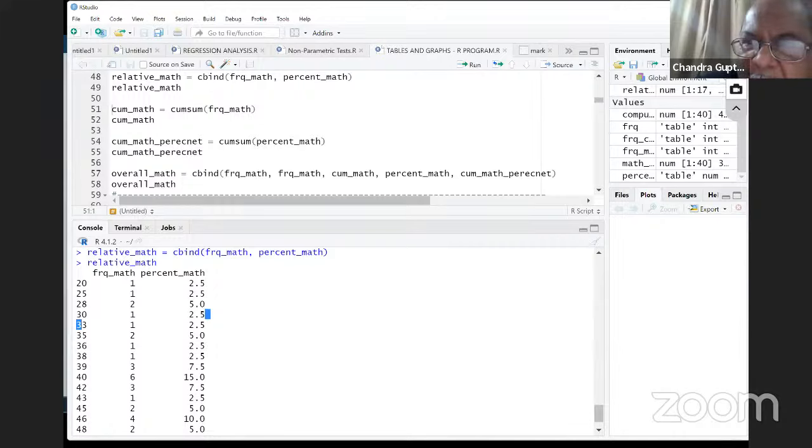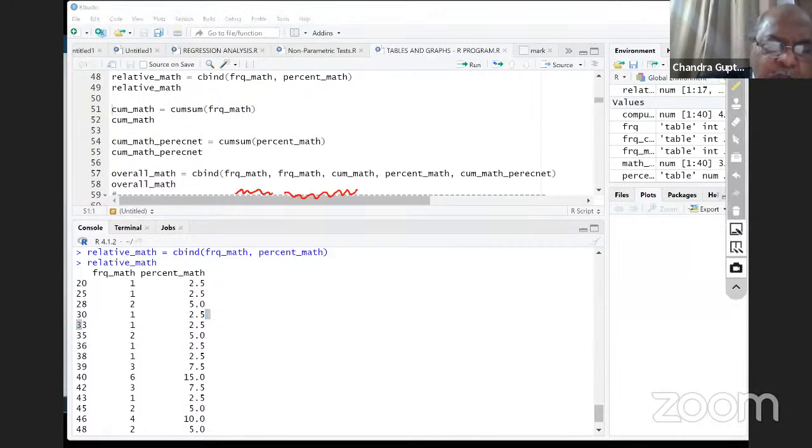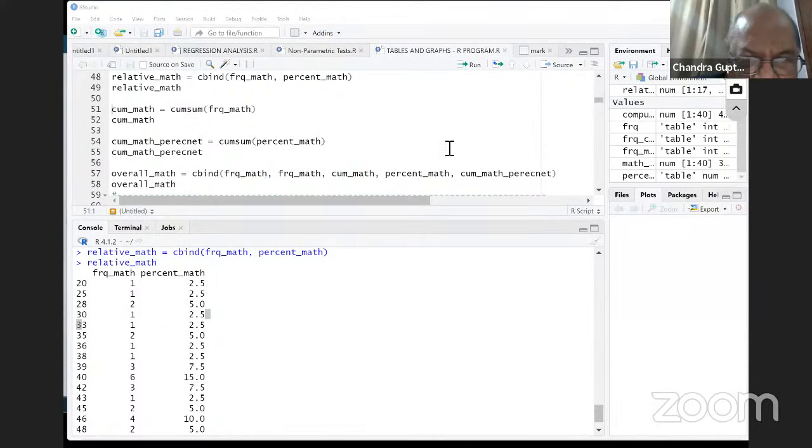Then I need a table for all the four: frequency of maths, cumulative maths, percent maths, cumulative percent maths. I've written frequency of maths 2 times, so I'm leaving it once.